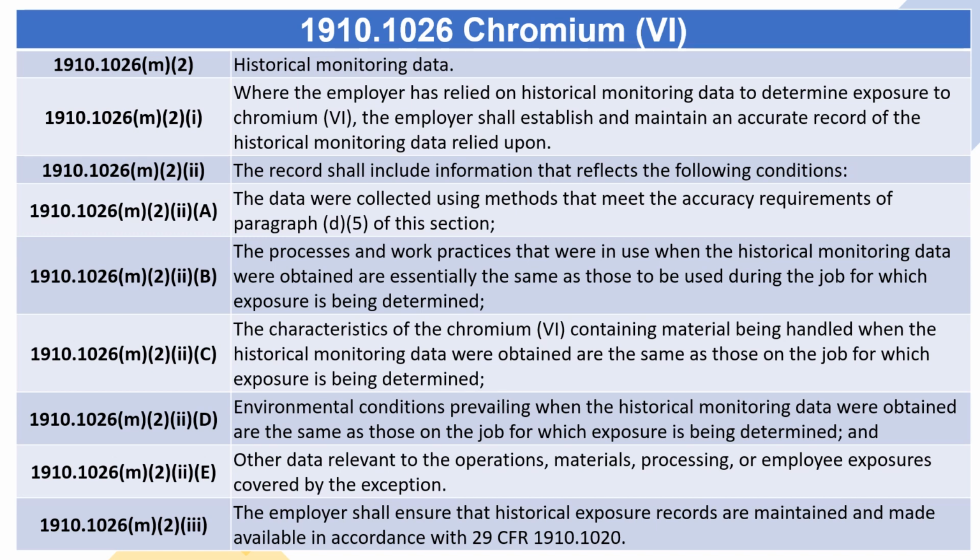And other data relevant to the operations, materials, processing, or employee exposures covered by the exception. 1910.1026(m)(2)(iii), the employer shall ensure that historical exposure records are maintained and made available in accordance with 29 CFR 1910.1020.